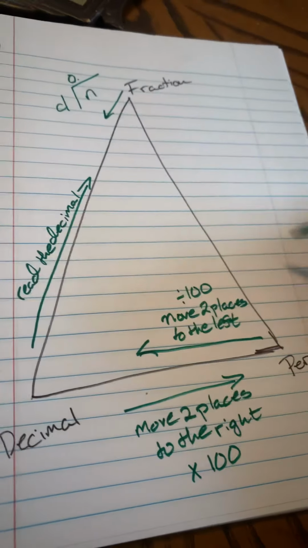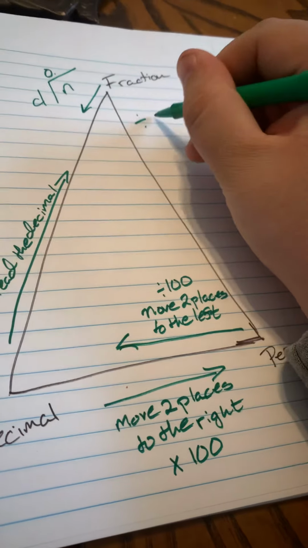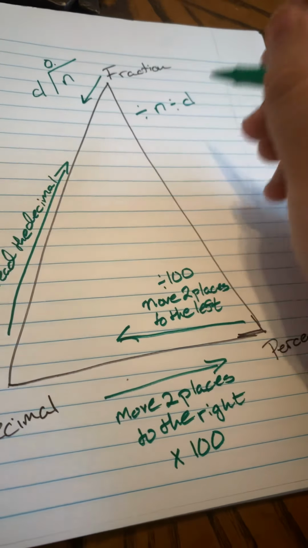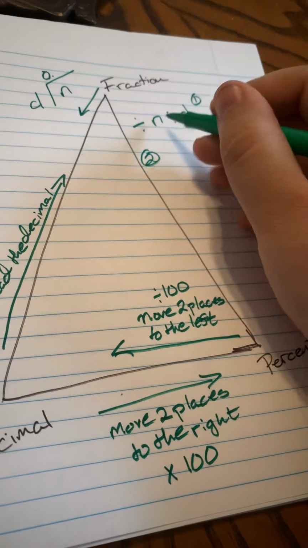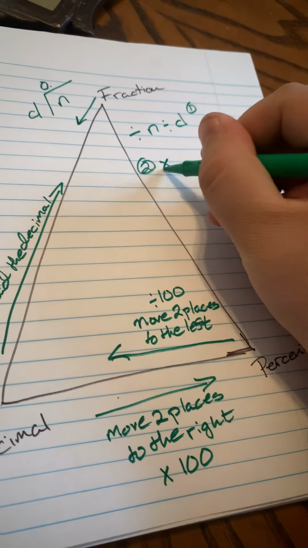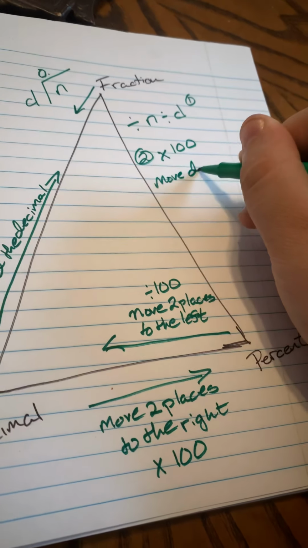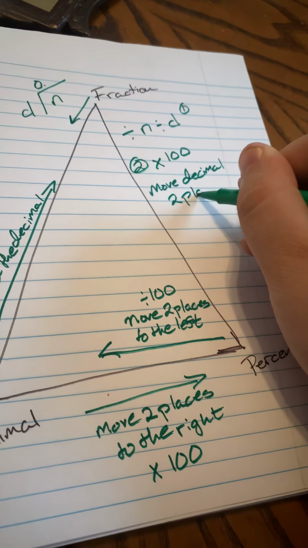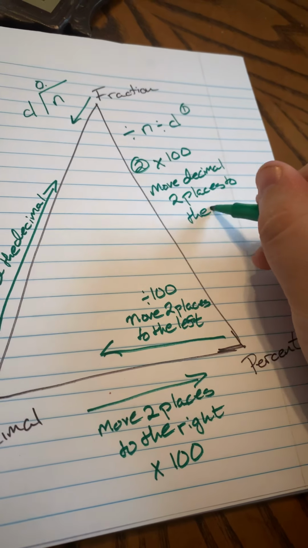To go from a fraction to a percent, we're just going to combine these two. So we're going to divide numerator divided by denominator. That's step 1. And then step 2, we're going to either multiply times 100 or move the decimal 2 places to the right.